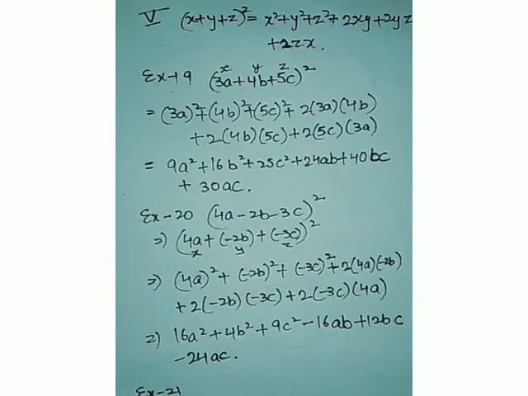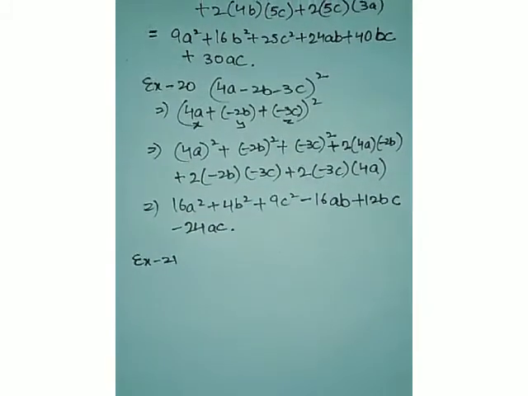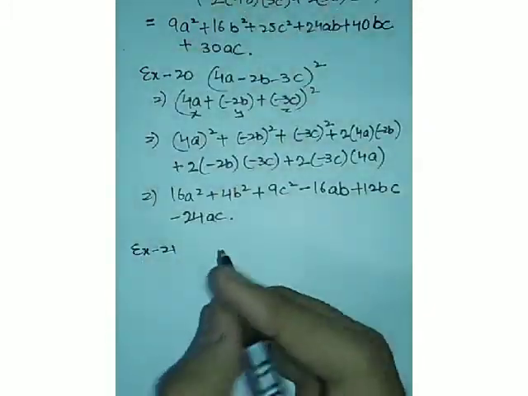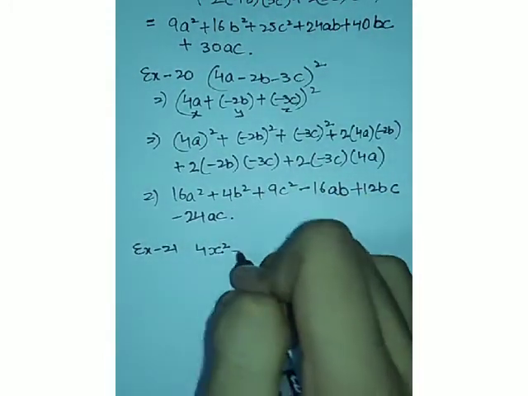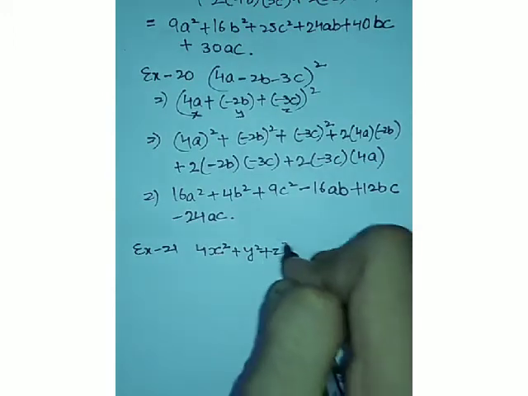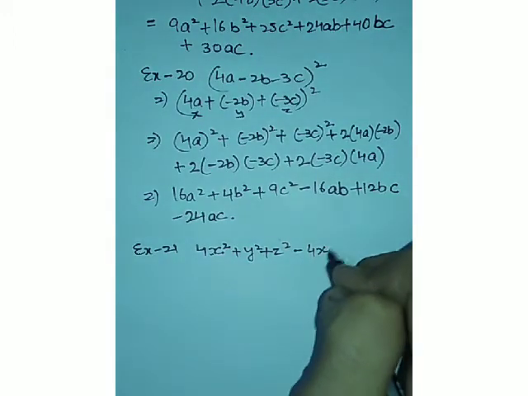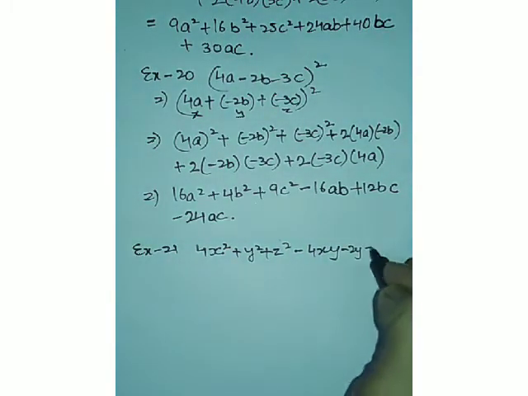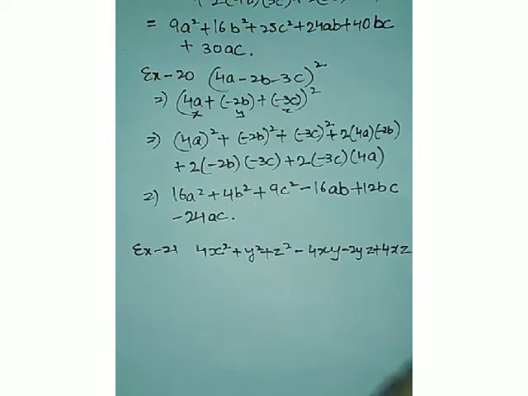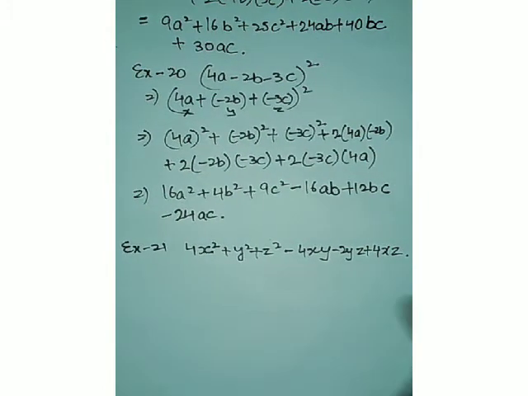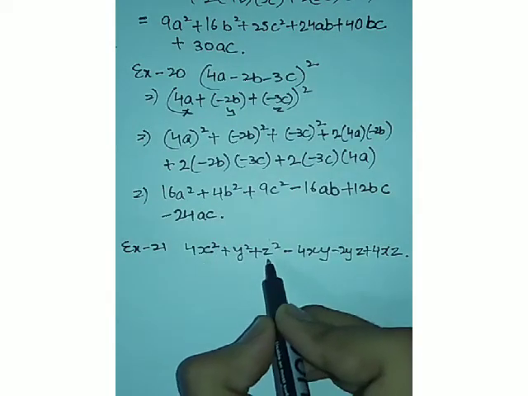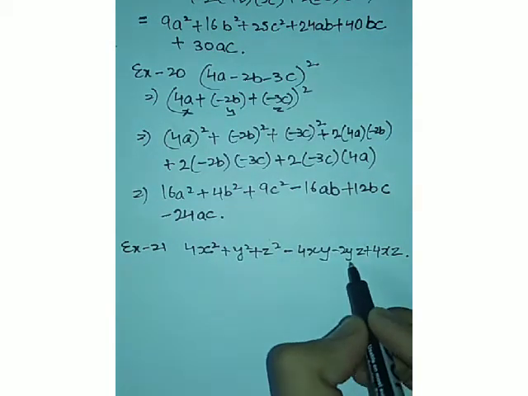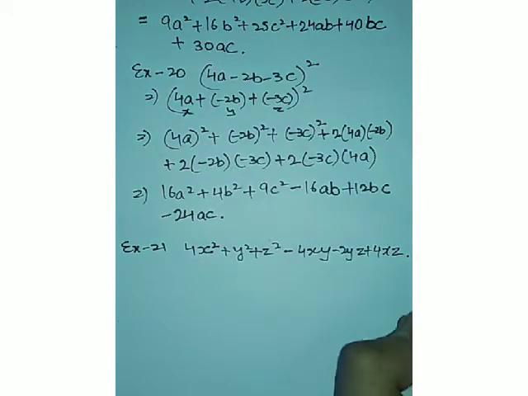We have to factorize. Now factorize means we have to go in the reverse process. The polynomial or the term given is 4x square plus y square plus z square minus 4xy minus 2yz plus 4xz, right? So 4x square. Now it's looking like a square plus b square plus c square plus 2ab plus 2bc plus 2ac, right?